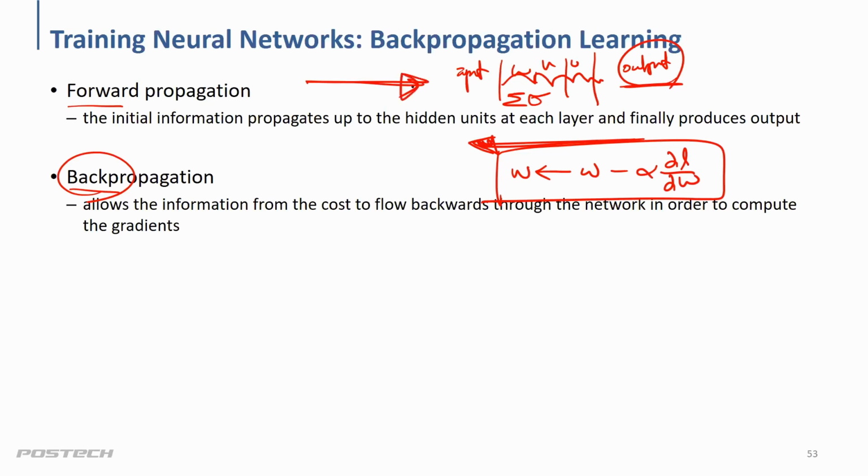Forward is in that direction, backward is in the opposite direction. And the opposite direction, if I'm giving you the answers, is related to memorization. I'm going to explain why I'm saying that in a second. So the back propagation is related to memorization.